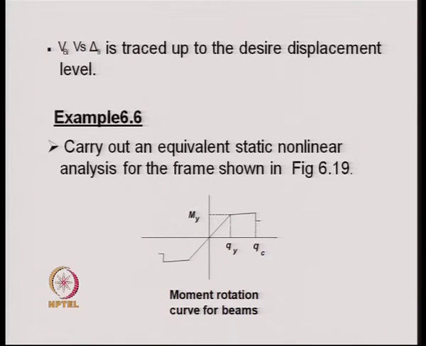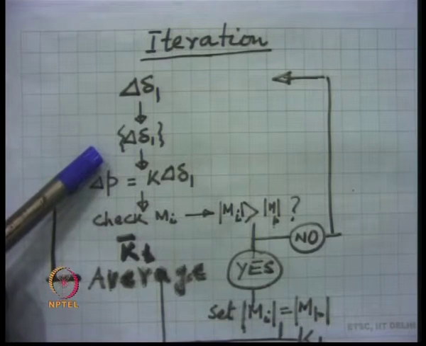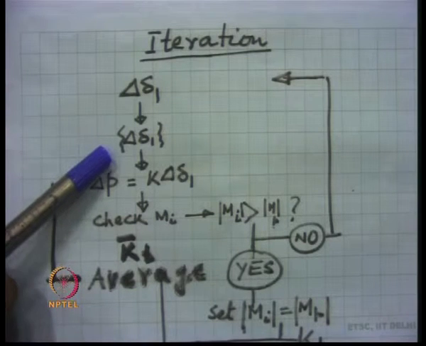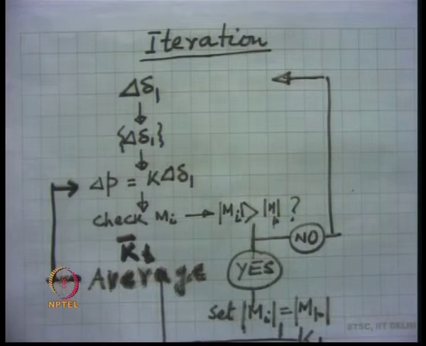First, as we go on incrementing the displacements, at a particular level we take delta 1 and from this delta 1 we construct the delta 1 vector.